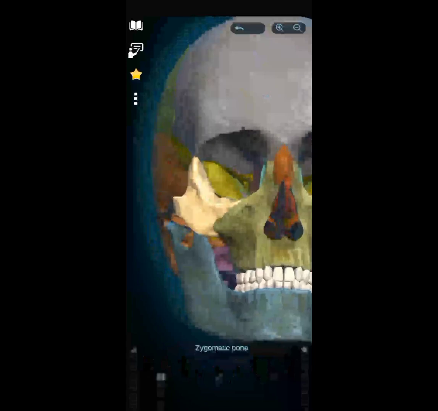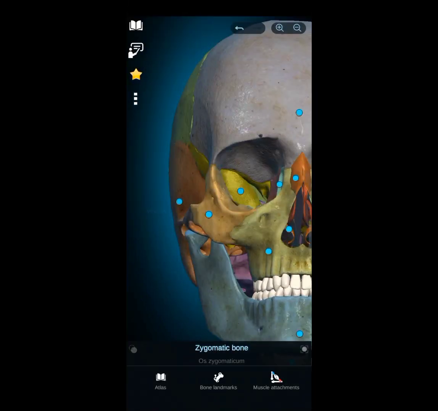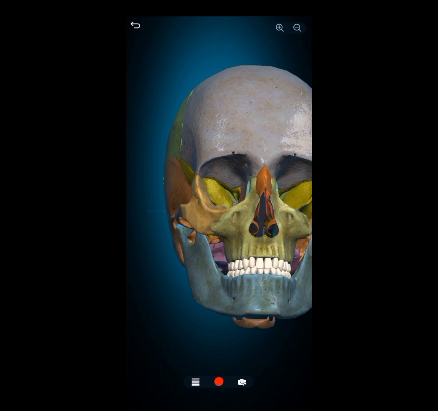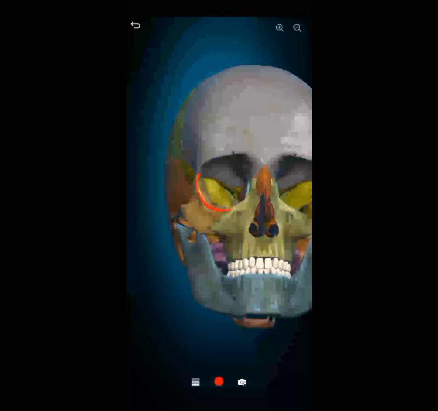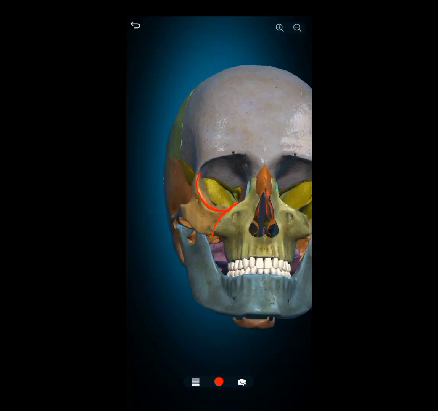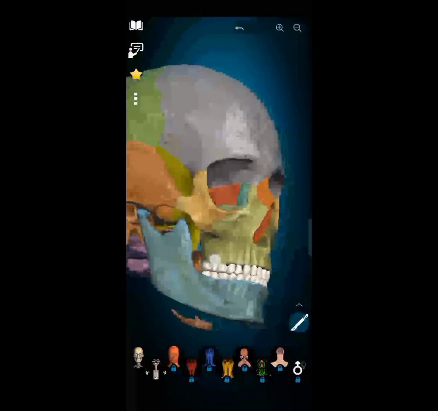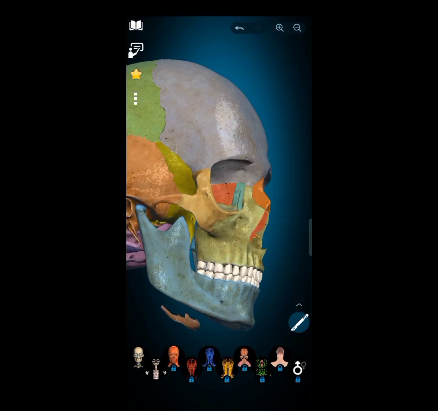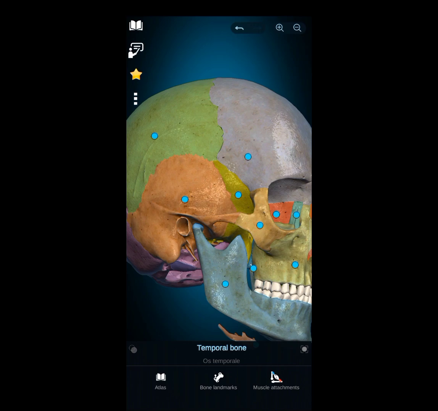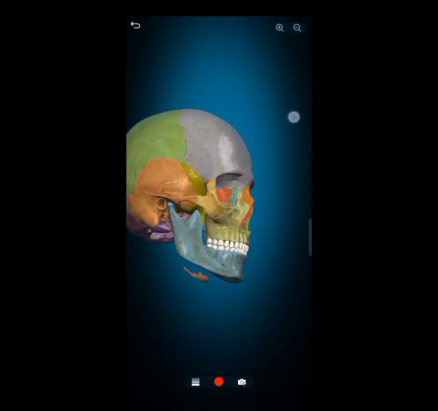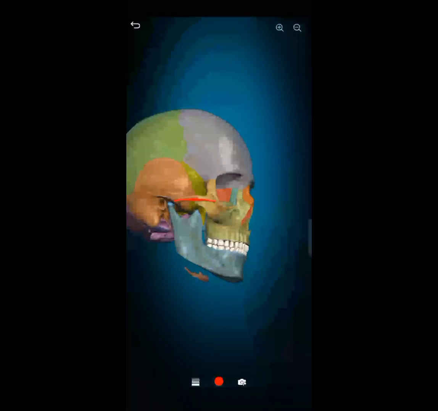While the zygomatic bone, which is also called the cheekbone, forms the lateral wall and floor of the orbital cavity, and it also articulates with the maxilla medially, and on its lateral surface it articulates with the zygomatic process of the temporal bone to form this arch-like structure, also called the zygomatic arch.